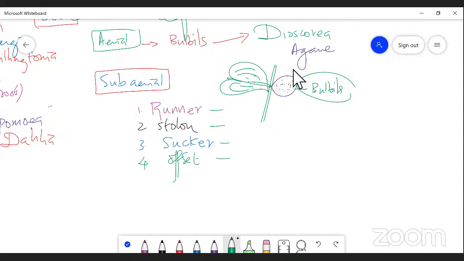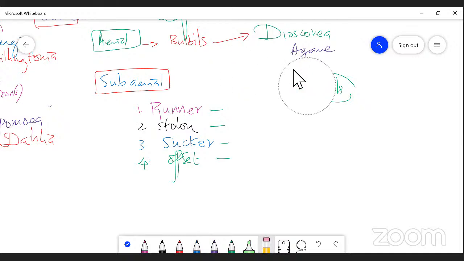Now this is a runner, as in Centella asiatica. I can give Centella asiatica as an example of a runner.